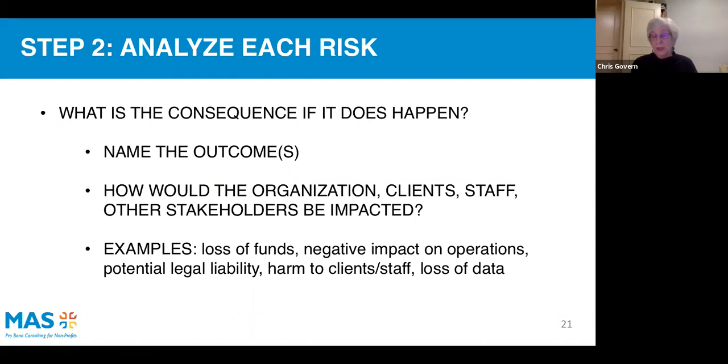It could open me to legal liability and financial loss. So it's the second question around what's the consequence if it does happen. It helps to think through what the consequence would be, because I need to understand that in order to understand how to manage the risk.